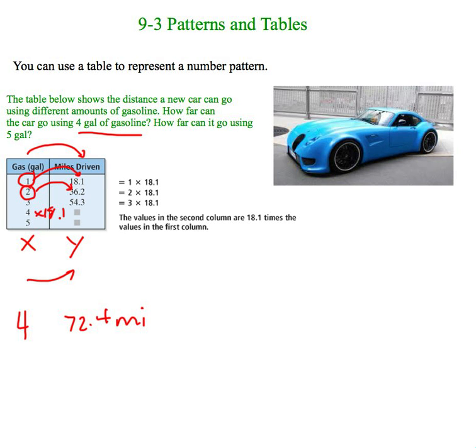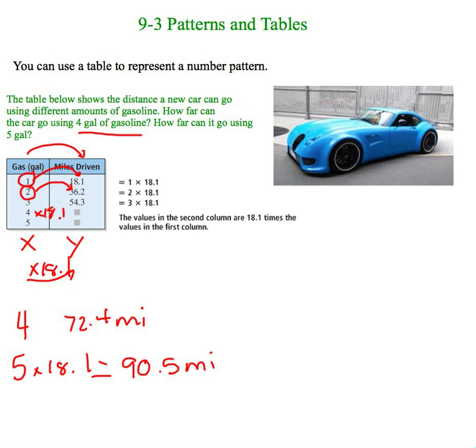It's X times 18.1. So we take 5 times 18.1. Break out the old calculator. And that equals, and again, sorry for the messy handwriting, 90.5 miles. Pretty straightforward. And again, the relationship is how do you go from X to Y.